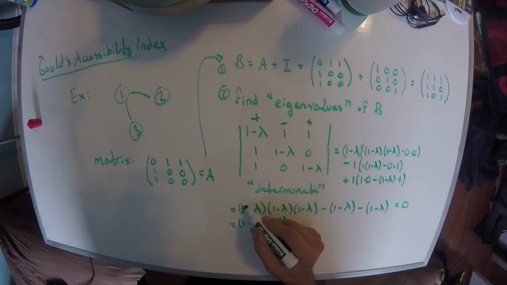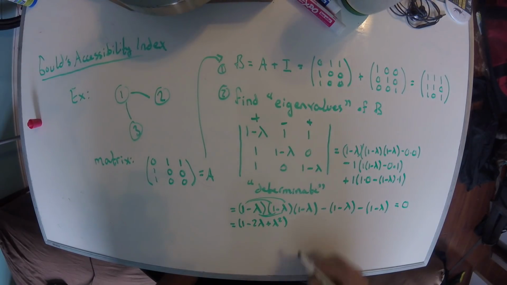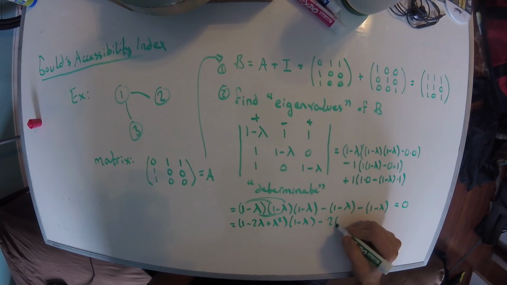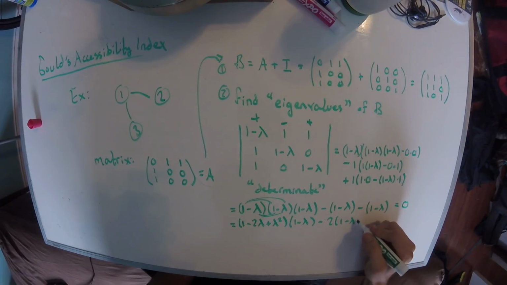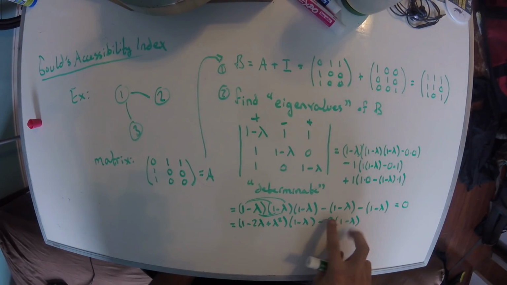That's what you get when you FOIL this out. And then still times 1 minus lambda, and then minus 2 minus lambda. That's just combining these two, minus lambda, minus 2 minus lambda, minus 2 times that.